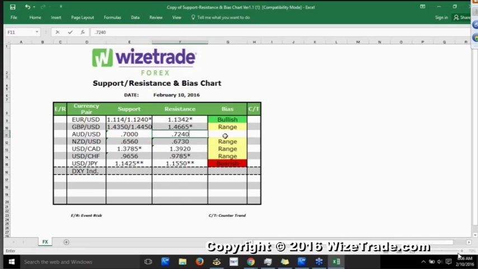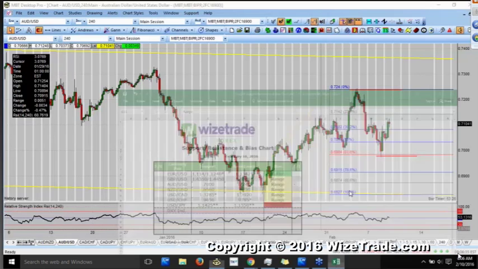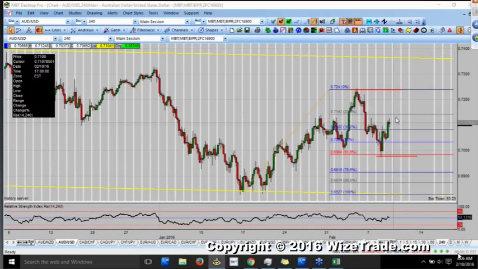We're just stuck in a range. We're mid-range, and we're probably going to rip higher or sell off pretty aggressively, but we'll find some support or resistance not too far away, maybe another 100 pips from where we're at here.